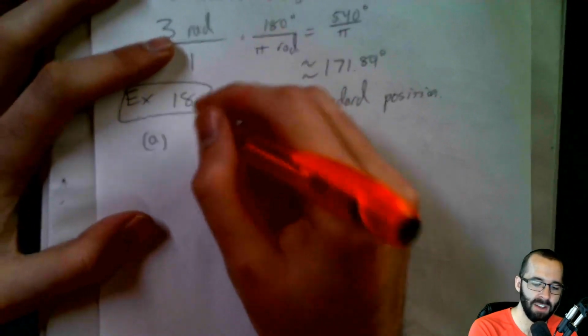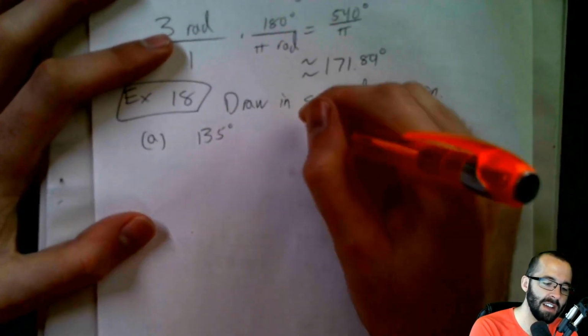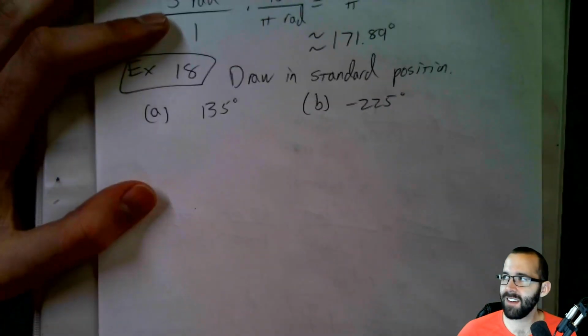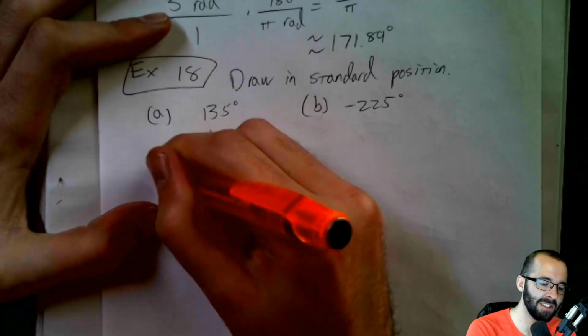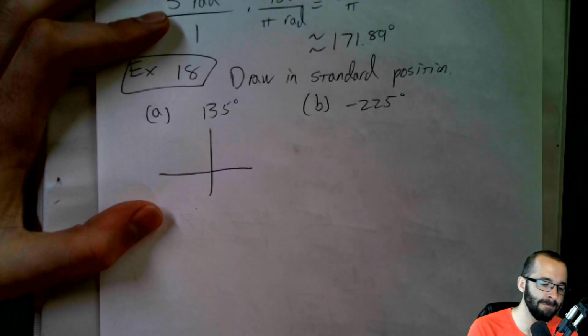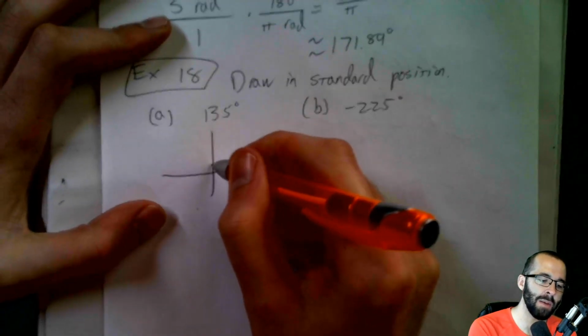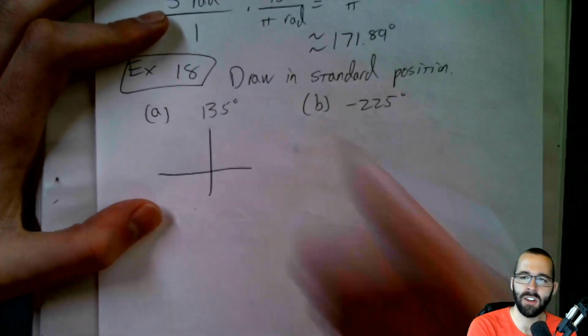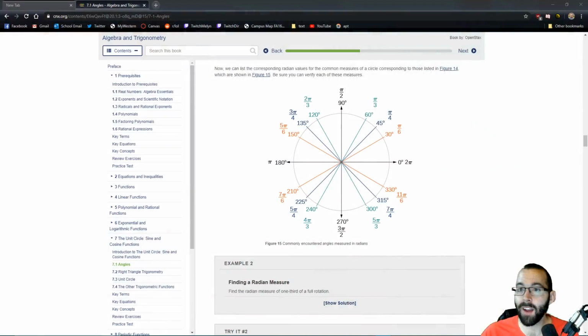Part A, 135 degrees. Part B is going to be negative 225 degrees. So again, we remember standard position as you draw the coordinate plane. 135 means we go up 90 and then over 45 more. If you're not good with this, again, you can see 135, it's right there.